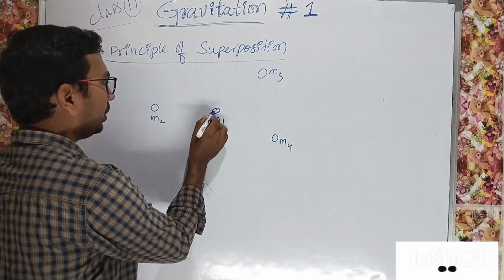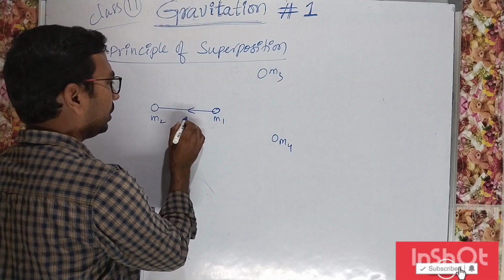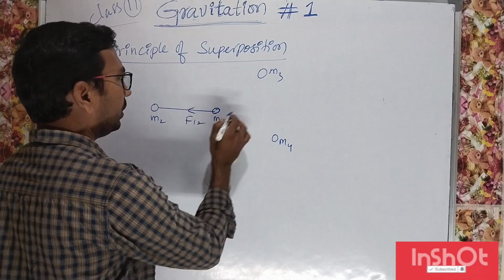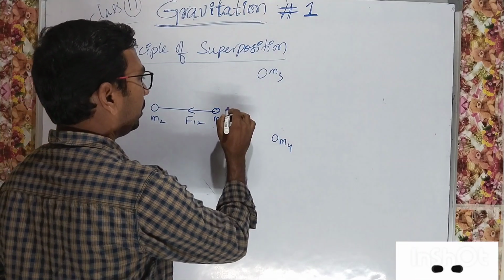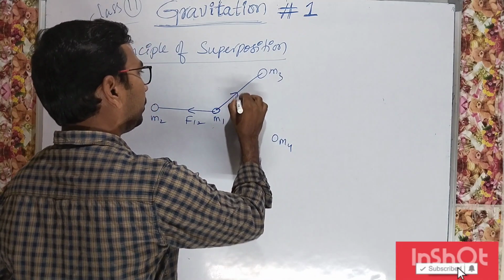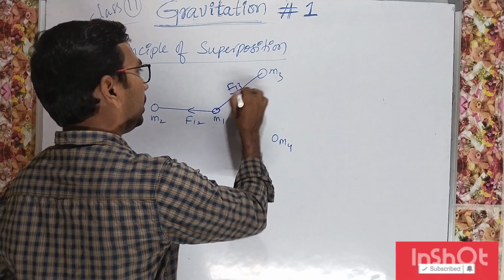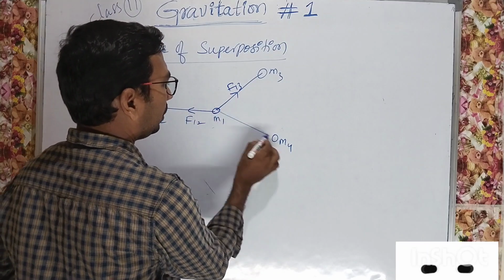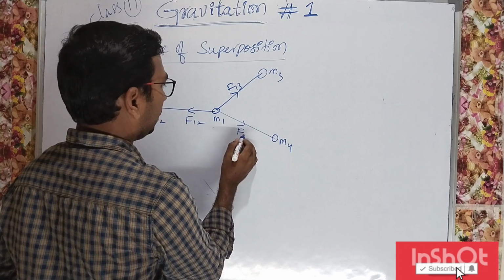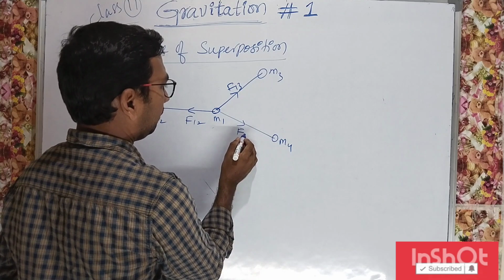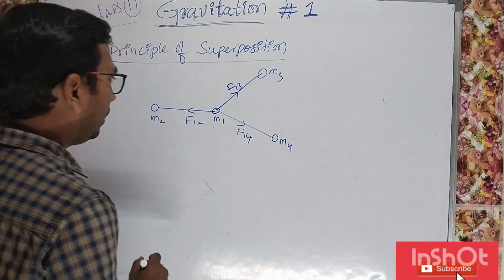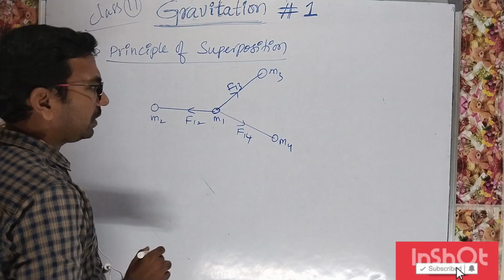Due to M1, this force is acting in this direction. That is F12. Due to this mass M1, what about M3? This force is F13. Due to M1, this force is F14. What is the net force here?